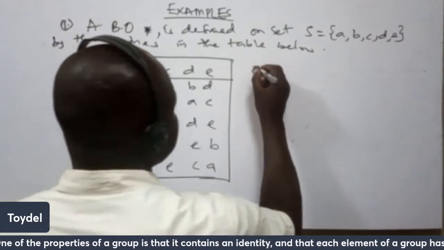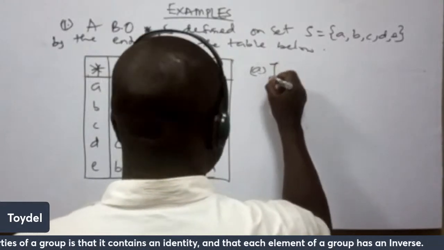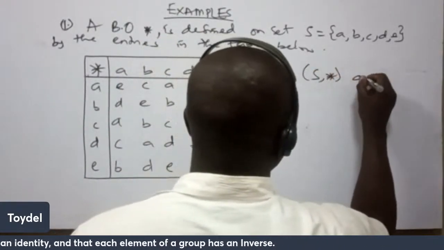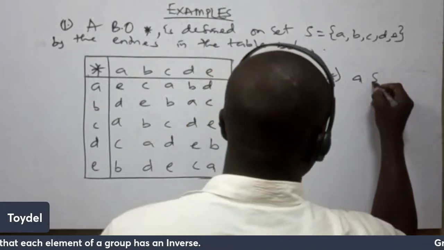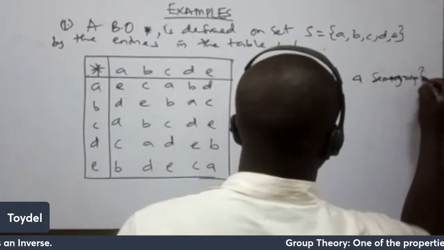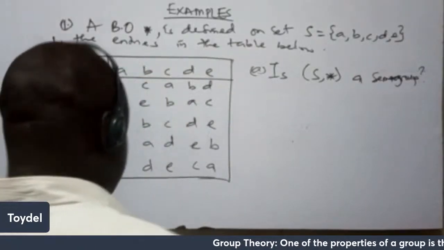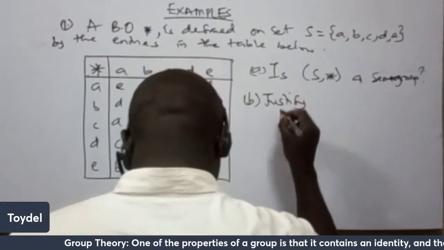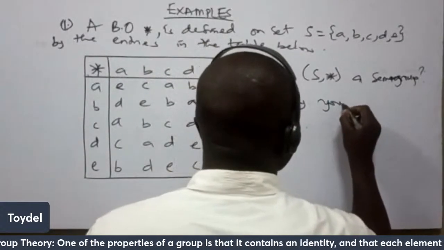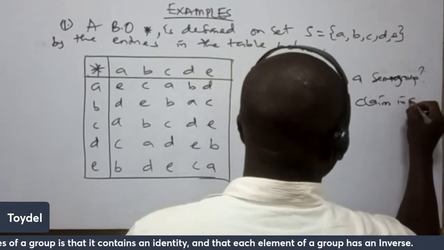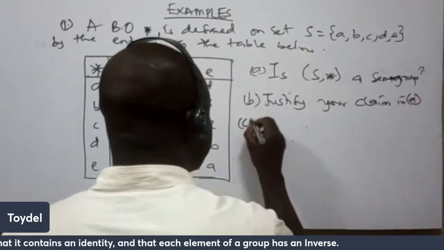So the first question, A, is: is S under asterisk a semigroup? Then B says justify your claim in A. So if it's a semigroup, you justify.